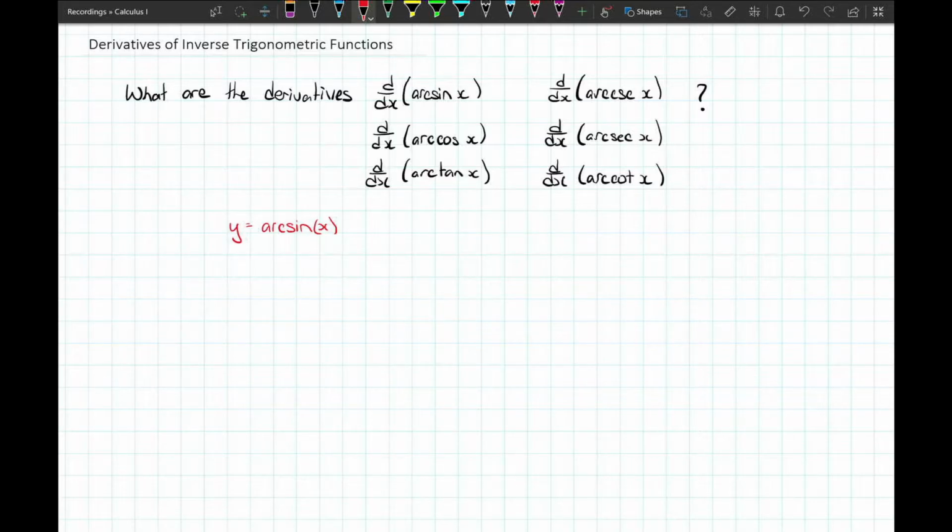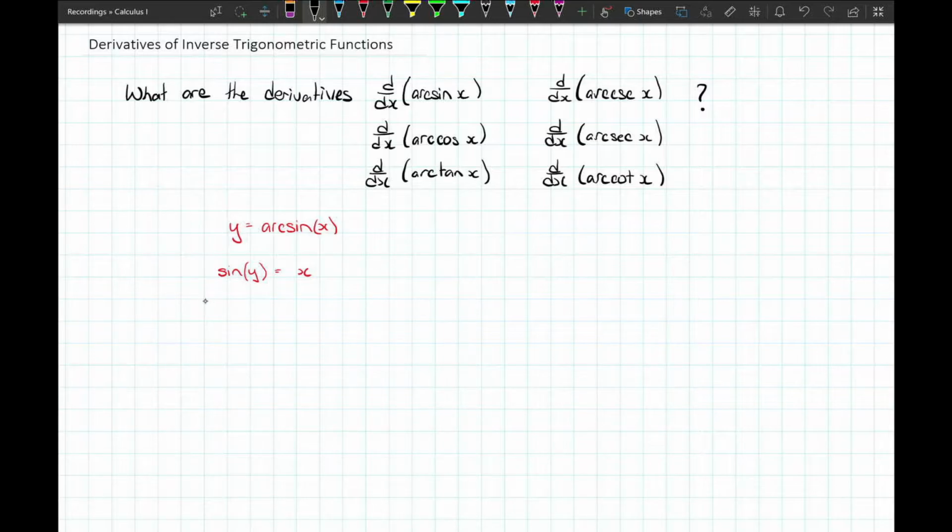If we write y equals arcsine x, then by definition of inverses, we must have that sine of y is equal to x. Once we have this written out with just sine y, we already know the derivative of sine.